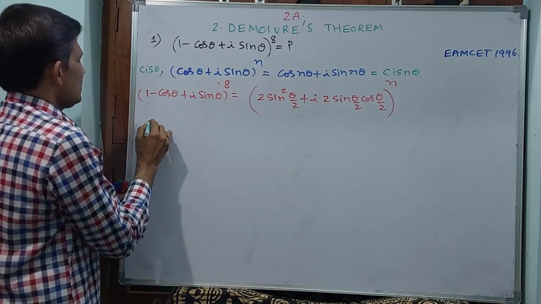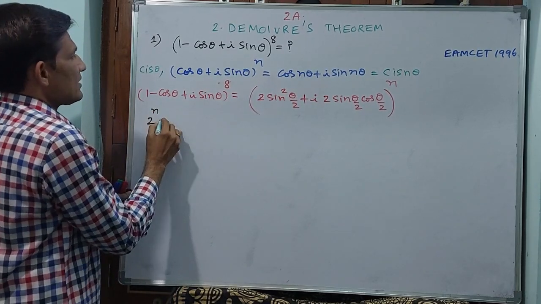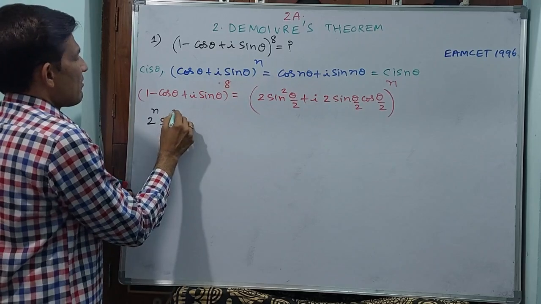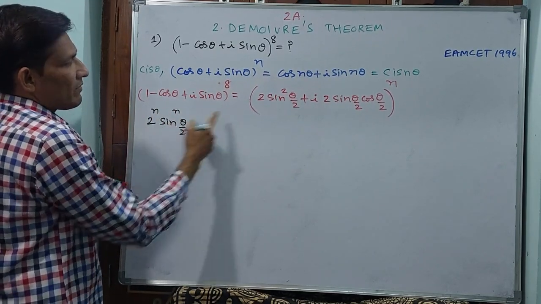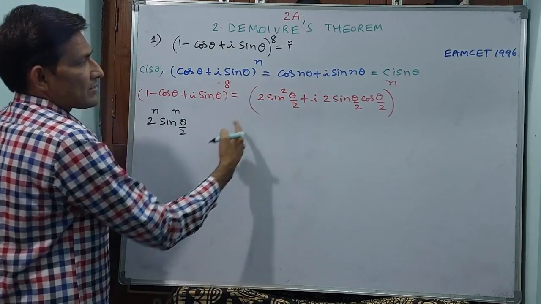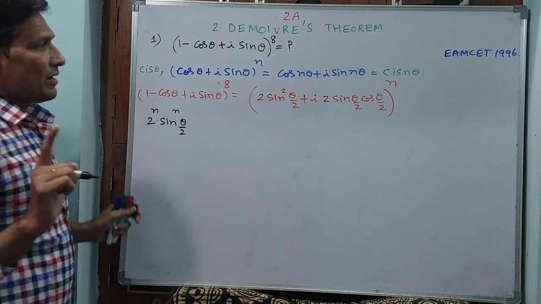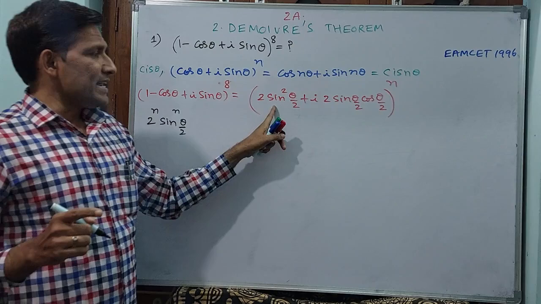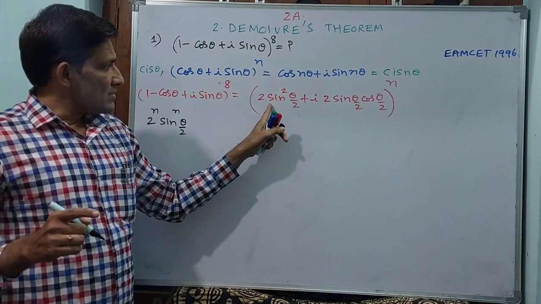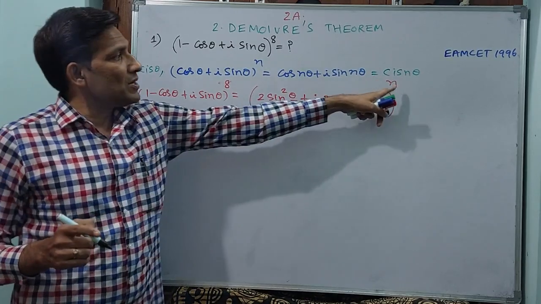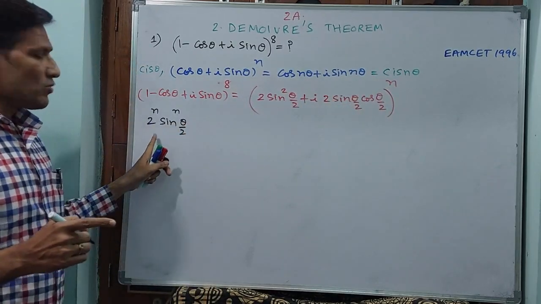I am taking like this: 2 power n sin power n theta by 2 as common. Why? Because there is sin into sin here, and here also sin is there. Sin cannot be taken out directly, because power n is there. That is why you have to take it like this.